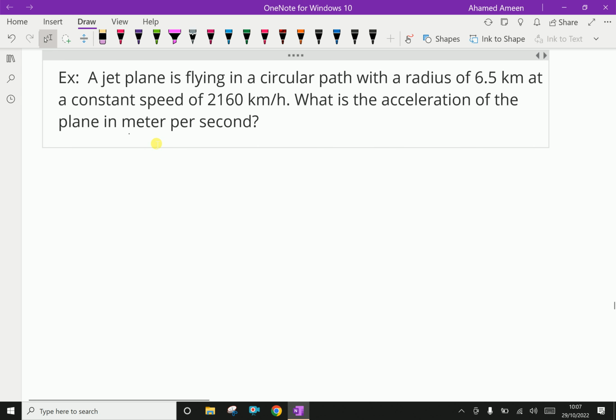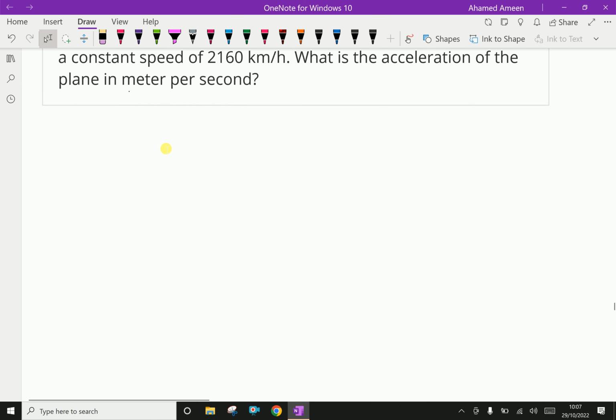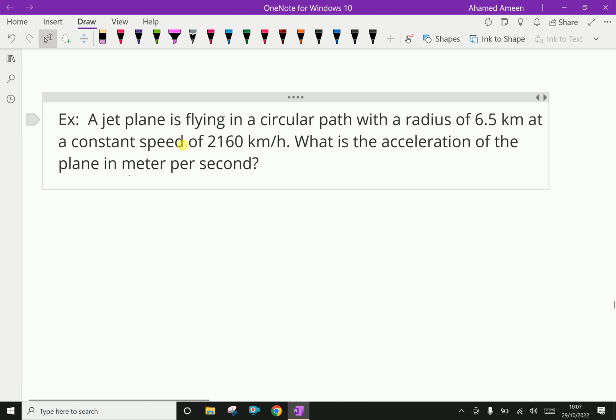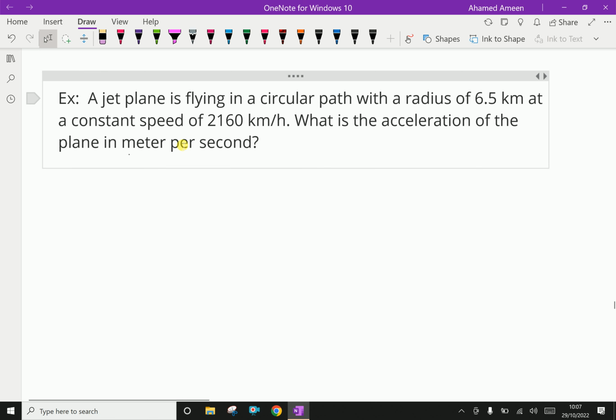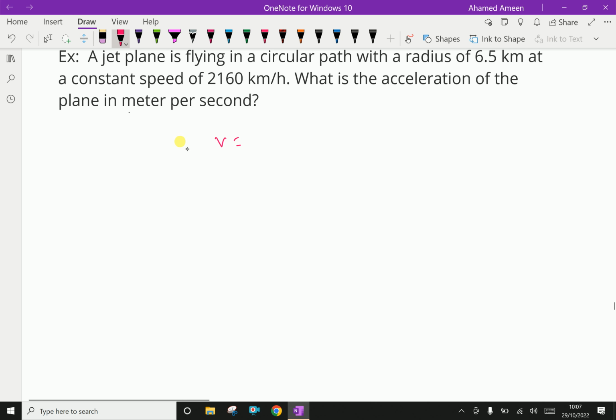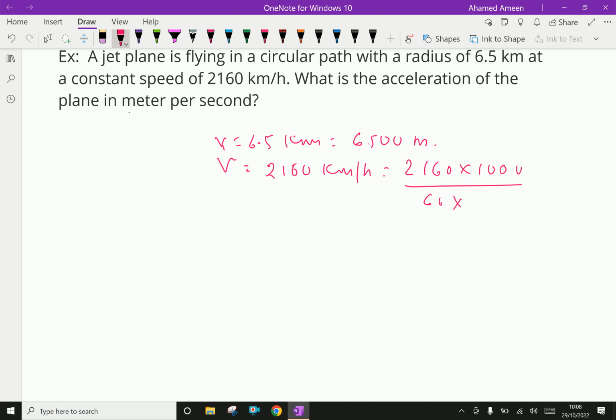What is the acceleration of the plane in meter per second square? Here radius R equal 6.5 kilometer, which is equal 6500 meter, and velocity v equal 2160 kilometer per hour, converted in meter per second is 2160 into 1000 over 60 into 60, which gives 600 meter per second.